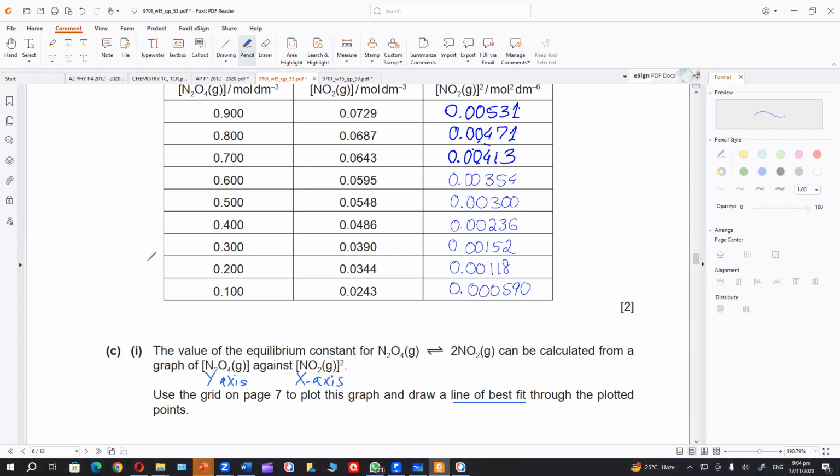Have you copied the table? Yes. Okay, then we can start making the graph.